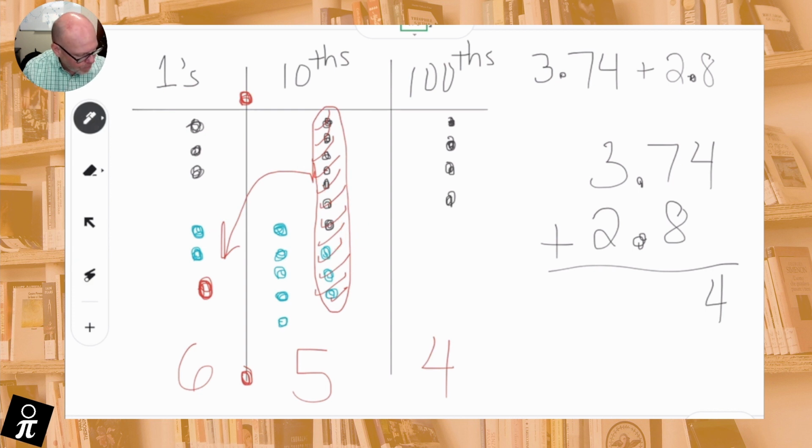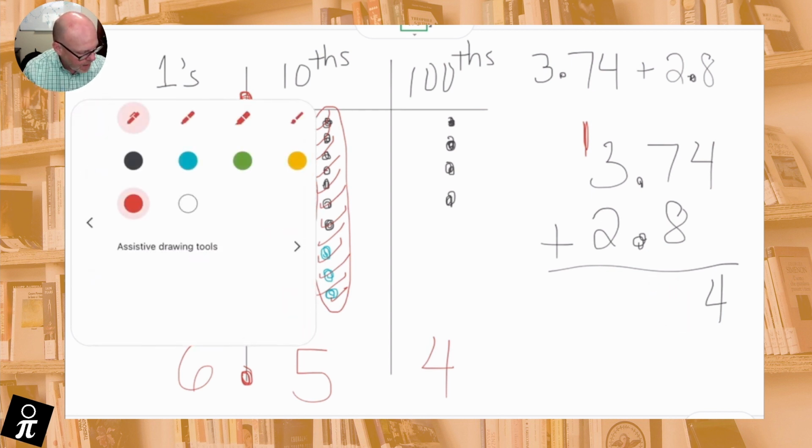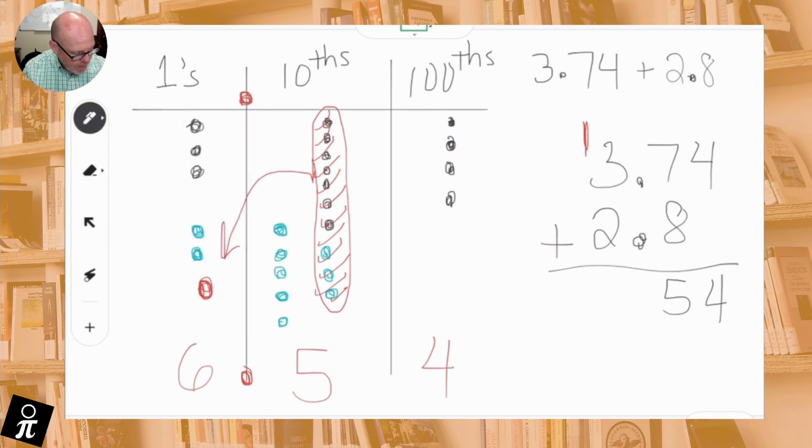So we ended up with, and I'll do this in red, 1 new value in the ones column, plus we had these 5 remaining. So there's our 15 down here. And so 7 tenths plus 8 tenths gave us 15 tenths, but 10 of them can be cashed in, leaving us with 5 left over.